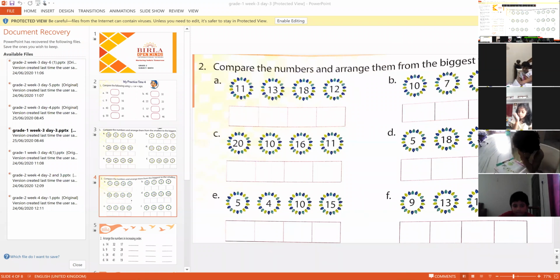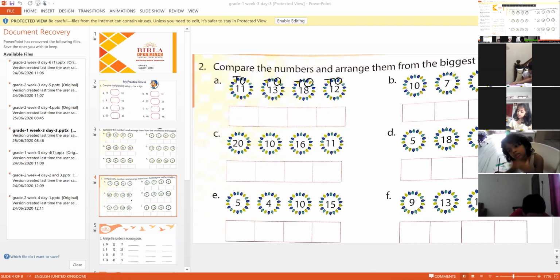If you see properly, children, in the tens place, in all the numbers, we have 1. So we cannot say which number is smaller or bigger by comparing the tens place. So we will start comparing the numbers in the ones place.